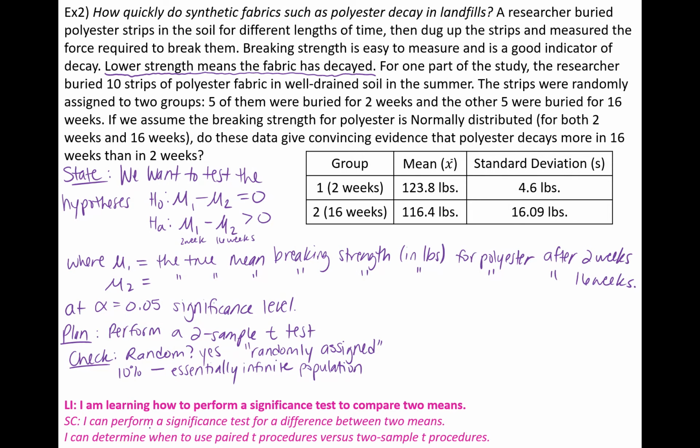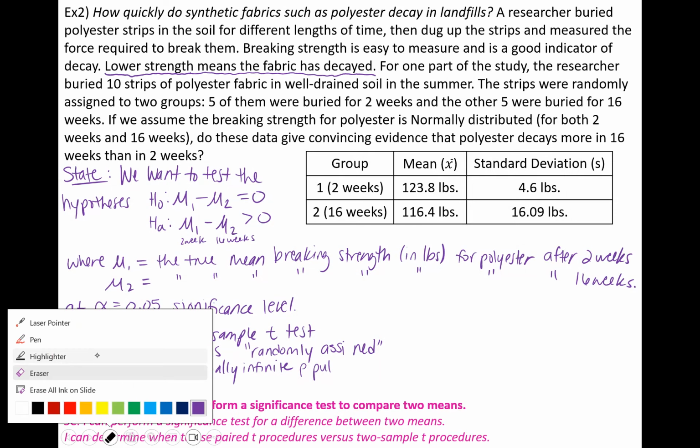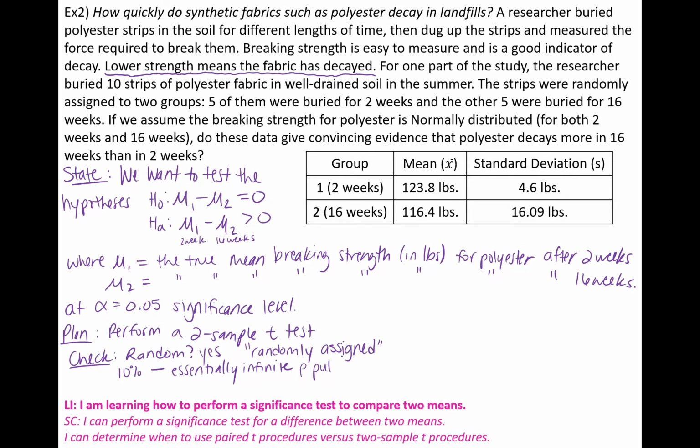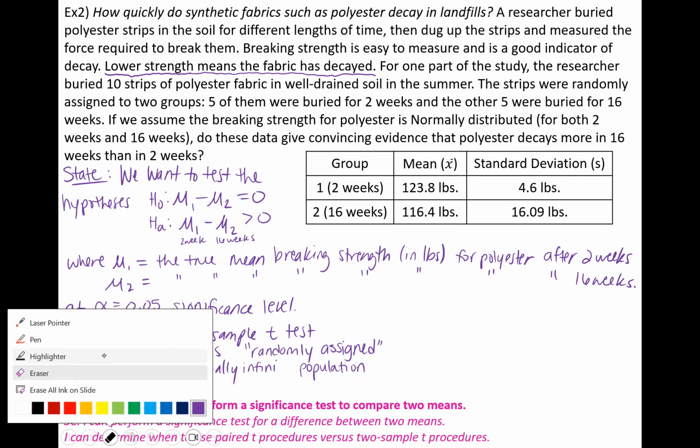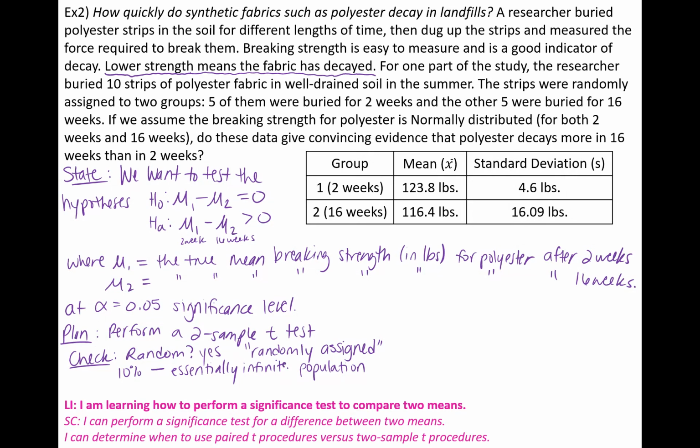Population, I mean, yes, there is a limit to how much polyester there is in the world. However, essentially we could continue to make polyester as long as we have the resources. So we're going to assume that it's basically essentially an infinite population, so we don't have to worry about the 10% condition. In other words, we're not going to oversample or overuse our polyester. We'll be fine. Okay, so we're good there.